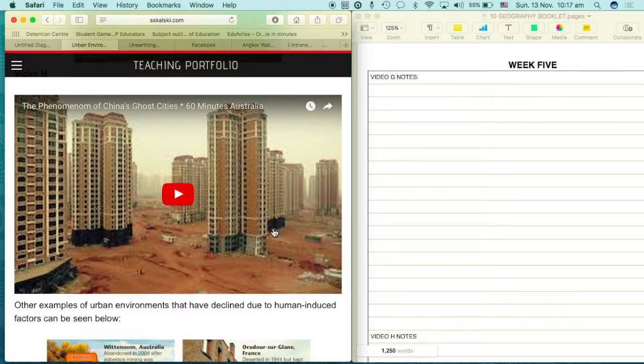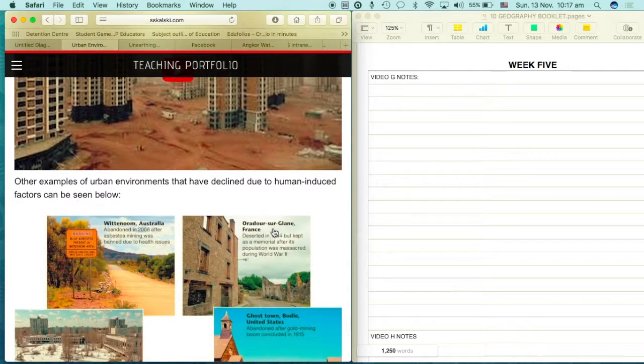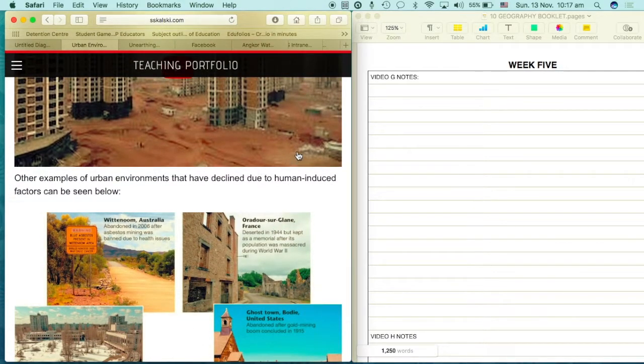And the interviewer talks to one of the architects or the city planners, and he talks about how he was able to get this fantastic job where he could just create a city out of nothing and do whatever he wanted to, because there was so much money in China that he was able to just sort of go crazy with the planning of this city. So that video is about 10-12 minutes long.